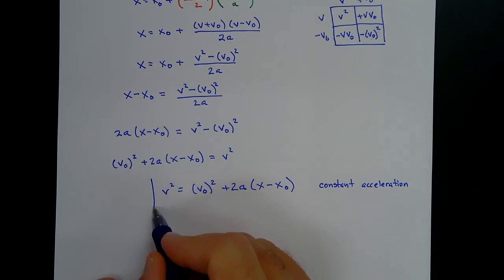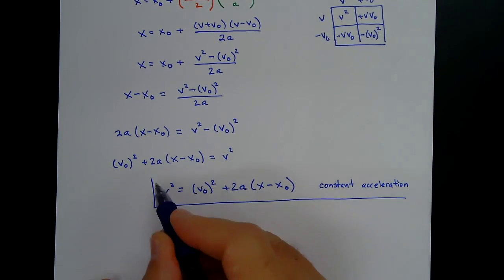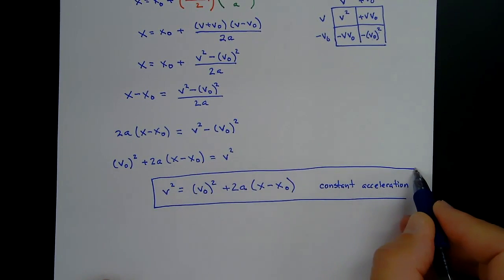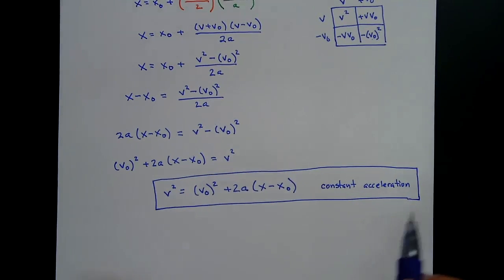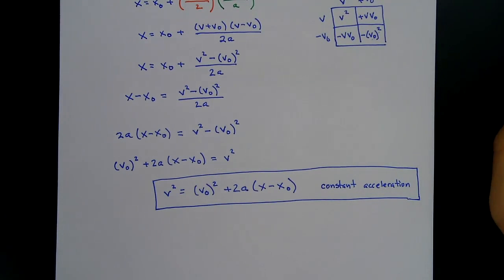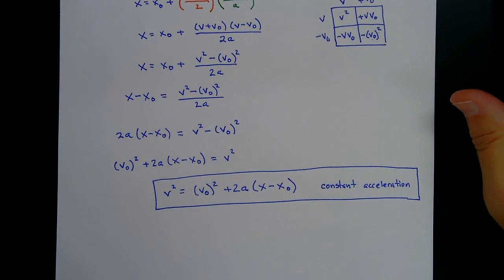All right, so what we have now are 5 different equations that we can use for final position, and original position, final velocity, original velocity, acceleration, and time.